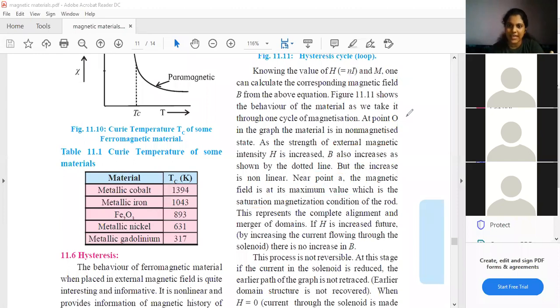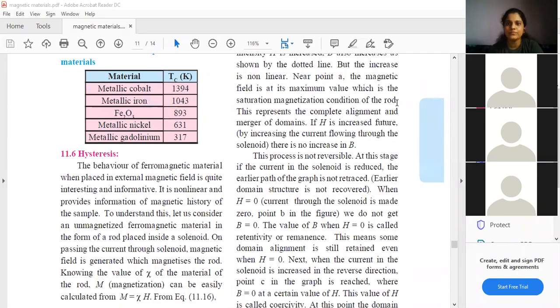Same thing written over here. Let's move ahead. If H is increased further, there is no increase in B. Students, this point I already mentioned.